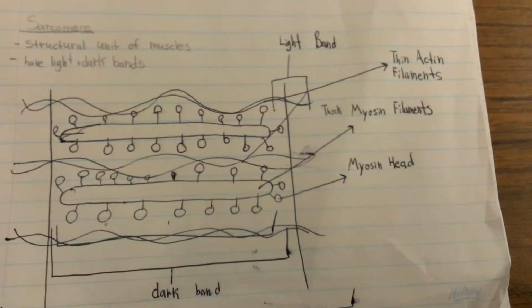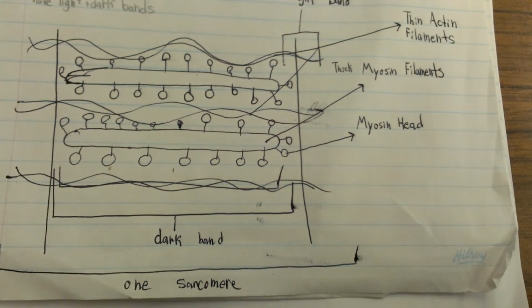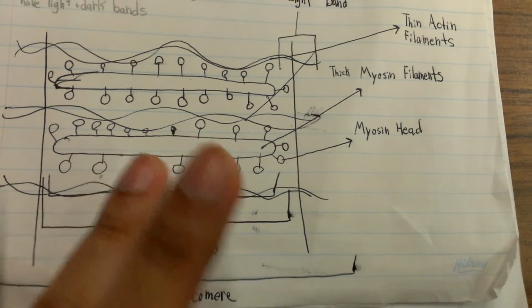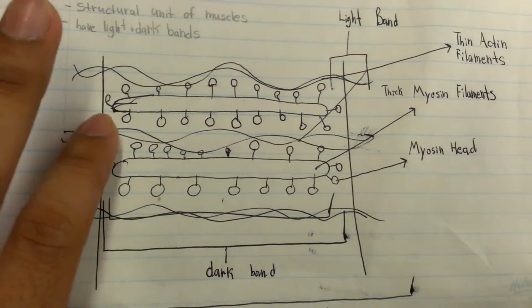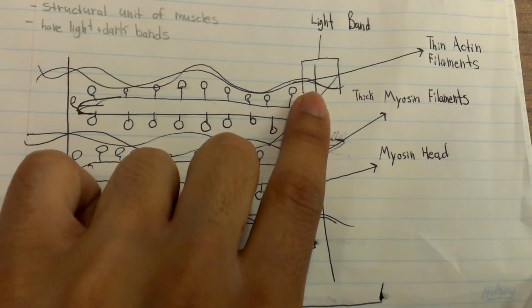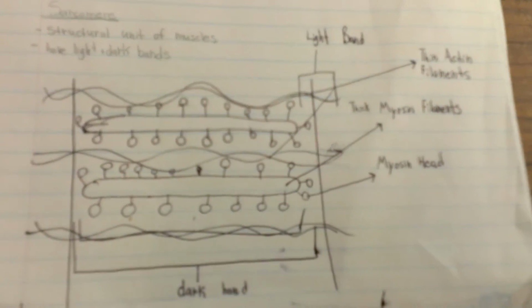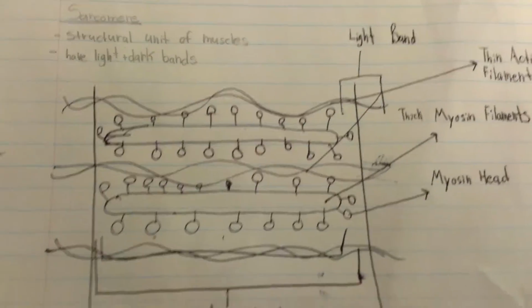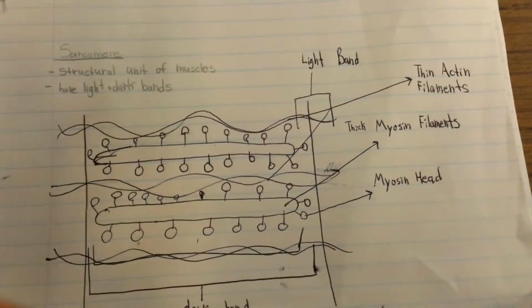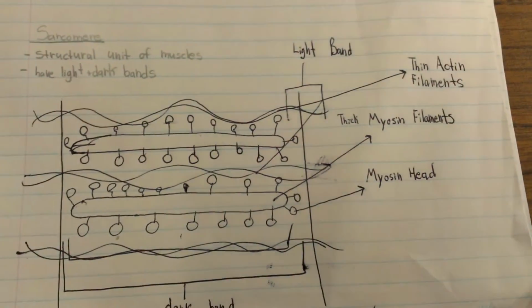And this entire thing is called one sarcomere. The area consisting of only the thick myosin filament is known as the dark band. And this little space right over here, where it's just actin filament, is the light band, because there's no thick filament. So that's what gives muscles the striated appearance, and we're going to talk more about how each of these things helps in muscle contraction in the next video.